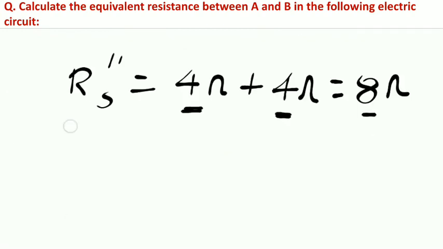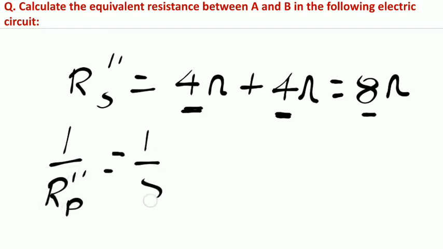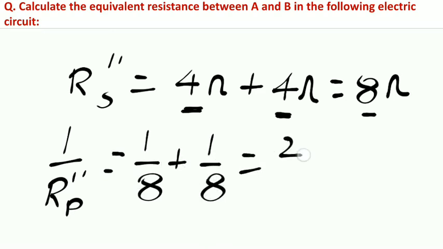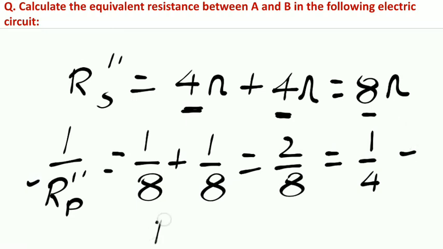So the resultant of these two, which are in parallel, will be given as 1 upon 8 plus 1 upon 8 is equal to 2 upon 8 or 1 upon 4. So reciprocate both the sides, we will get the resultant of these two as 4 ohm.